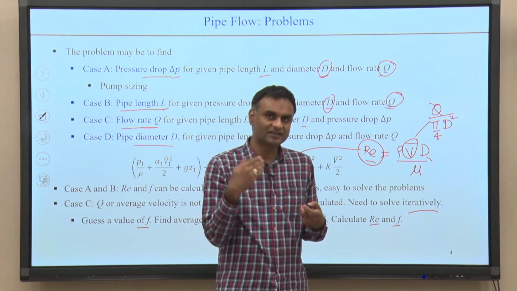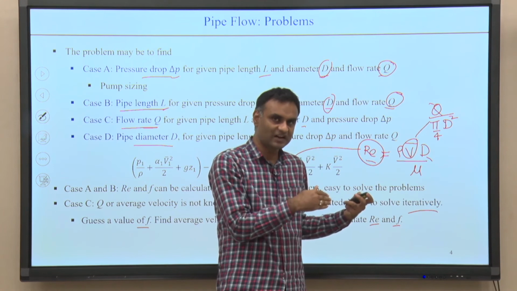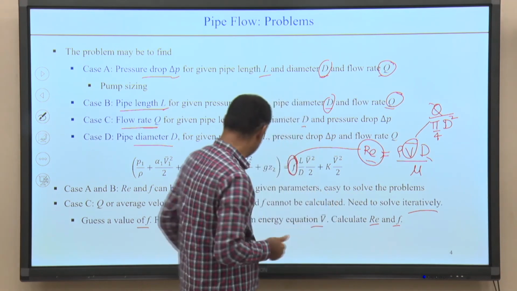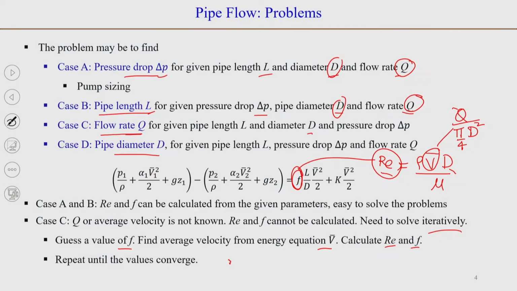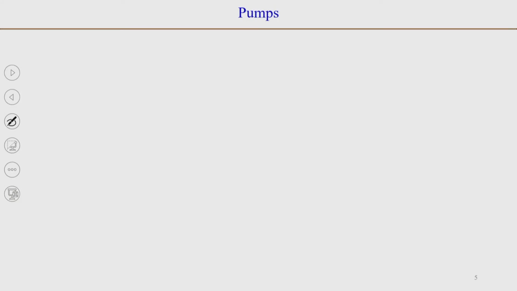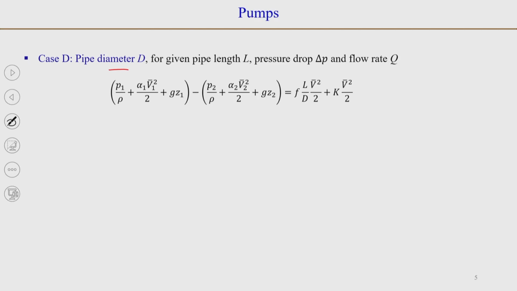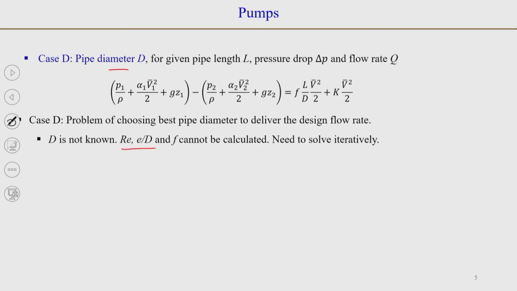So, until we get the same value of f as we started with in a solution, and until we get the same Reynolds number. So, the process becomes iterative, and the same goes for the last case where we do not know the pipe diameter, because again pipe diameter is in the definition of the Reynolds number. So, we need to do it iteratively.